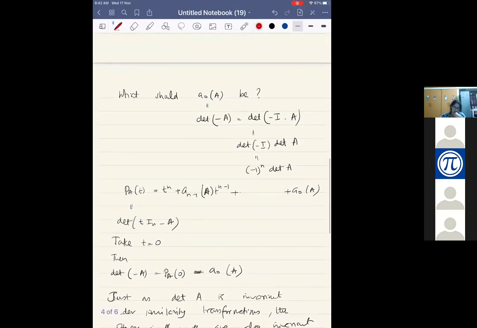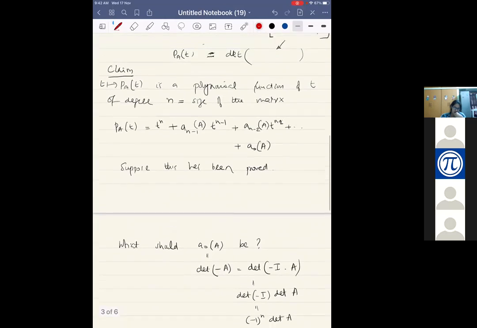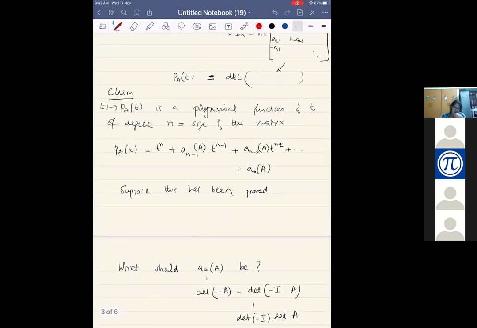Okay. And what I have claimed is that all the coefficients are invariant, so let's take a step back. What have we done so far? We have associated to every n by n matrix a function of a scalar t by this procedure. I have claimed without proof that this is not an arbitrary kind of function, but it is actually a polynomial function of exactly degree n.